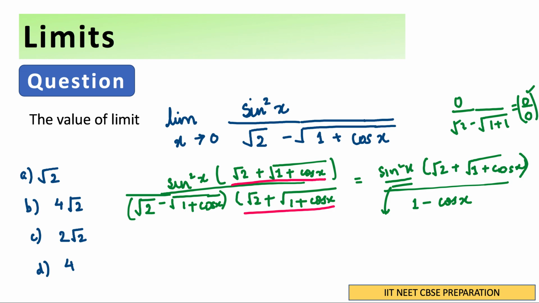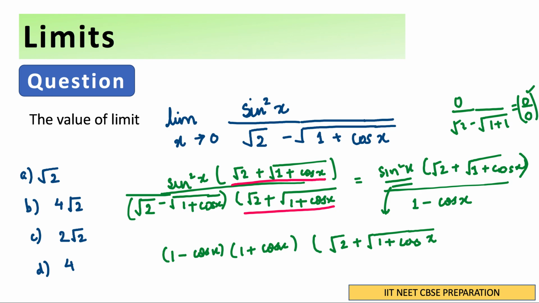So sine square x is 1 minus cos square x, which we break into 1 minus cos x and 1 plus cos x, and then this expression will be the same, root 2 plus root over 1 plus cos x. So just write all the terms properly and it will be very simple to solve. So this is it, and in the denominator what do we have?